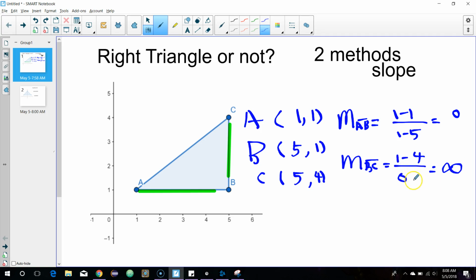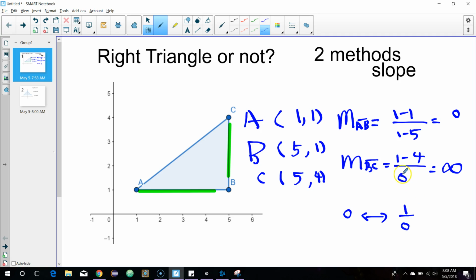It's like dividing by 0. Basically, slope of AB is 0, while slope of BC is going to be something over 0. Whether we have a negative in front of it or not, it doesn't really matter. So one is a horizontal line, one is a vertical line, therefore you have that scenario.